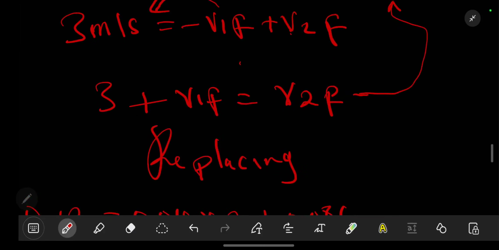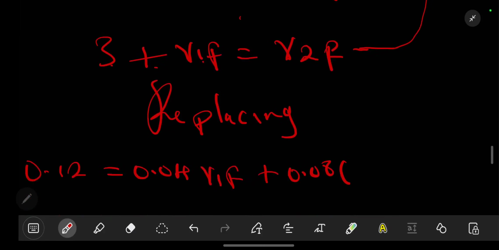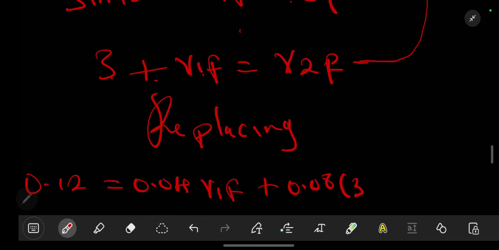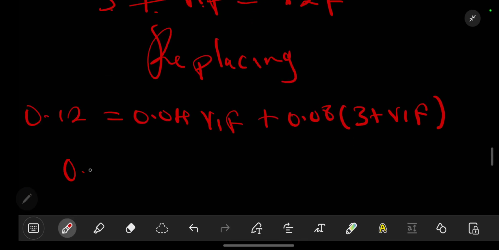Remember, V2 is equal to 3 plus V1 final. So where there is V2, you put this, that's the meaning. So we are going to have 0.12 should be equal to 0.04 V1 final plus 0.08 by 3.